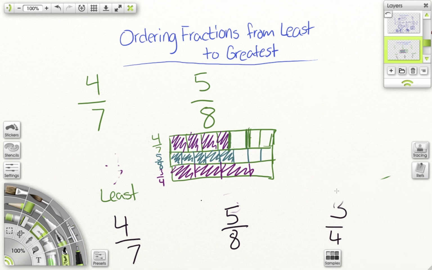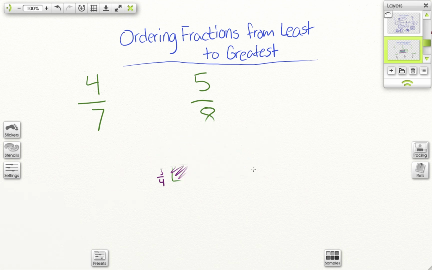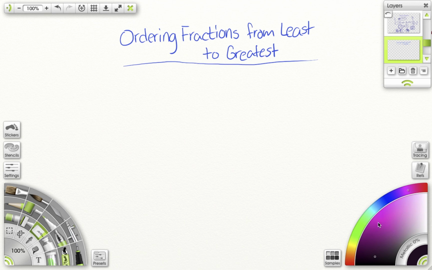So mixed numbers are actually going to be very similar, except I'm going to do some easier fractions because we're just learning about mixed numbers here. So I'm going to give you 3 mixed numbers and we're going to order them together.